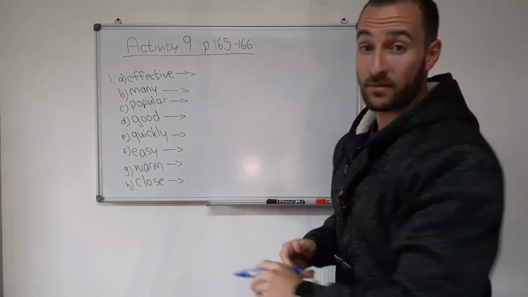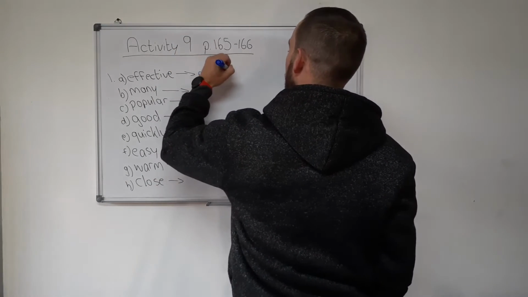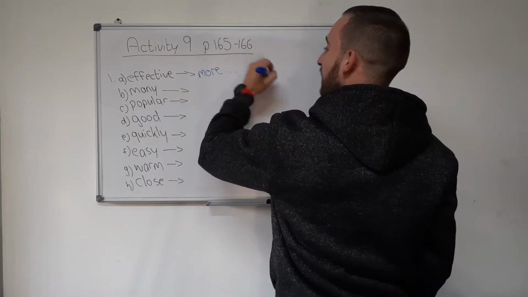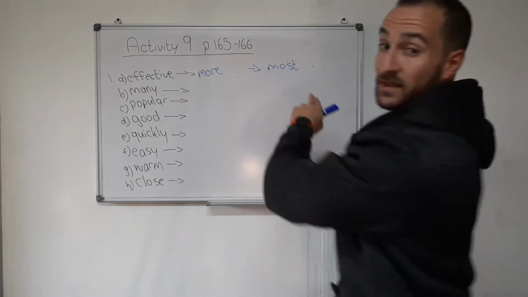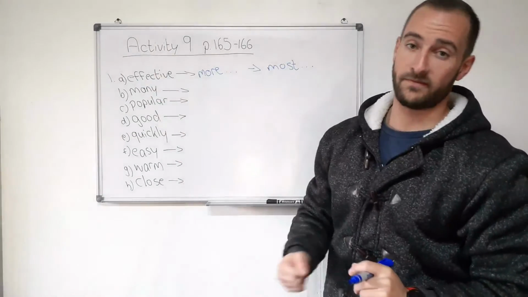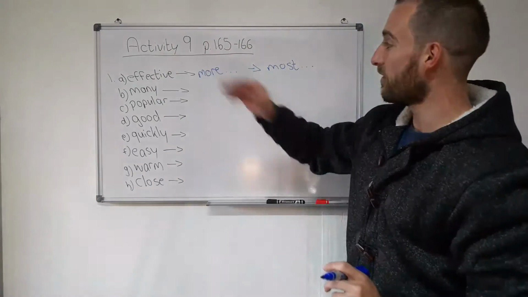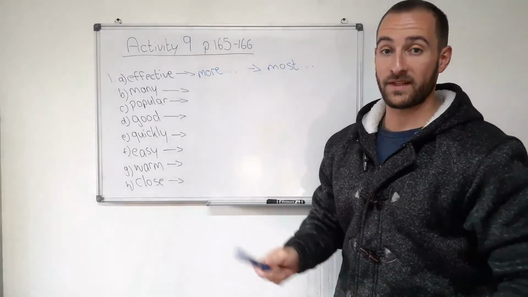So effective becomes more effective. Just add an ellipse there. And then we've got most, which is obviously my superlative form. So positive form, effective. Comparative form, more effective. Superlative form, most effective. I hope that makes sense.